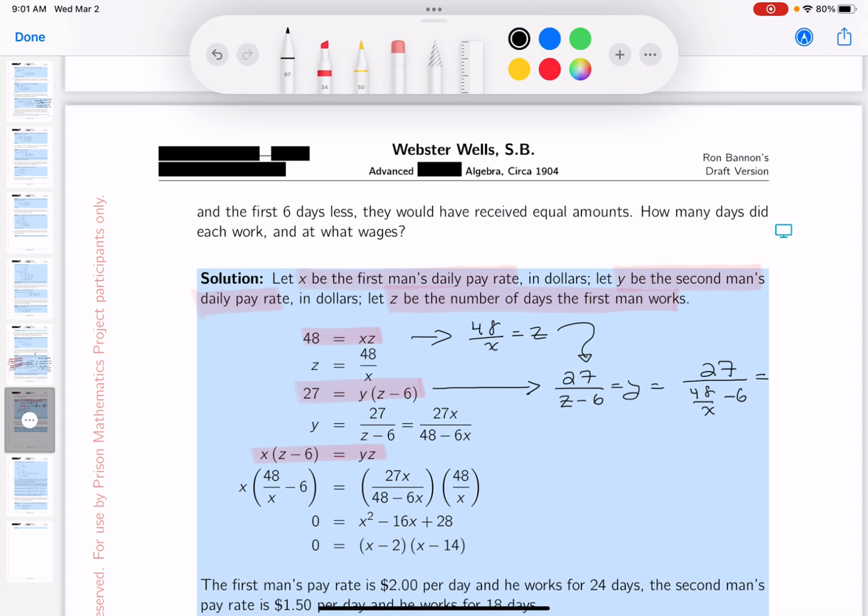I can multiply top and bottom by X. You get 27X over 48 minus 6X.